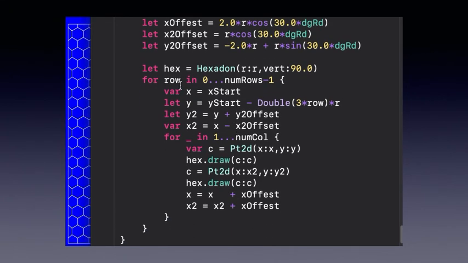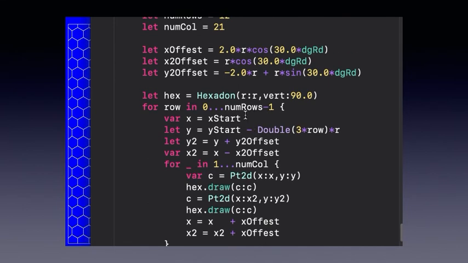There's a loop for rows, and there's a loop for columns. Each time I go through a row, I have to determine where I'm starting from. In other words, what's my x and y? The start of the row is always the same, at x start. But y is a little bit different because I'm moving down the space. We discussed this earlier, but it's 3 times the row number times the radius.